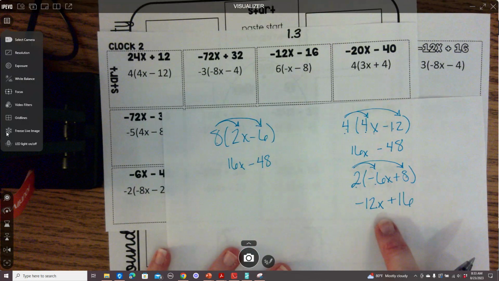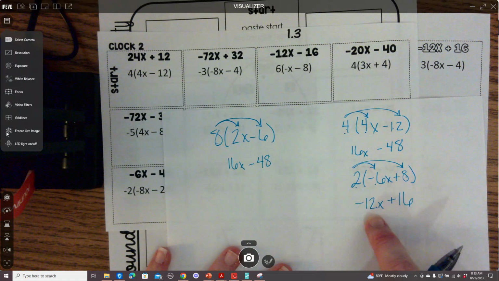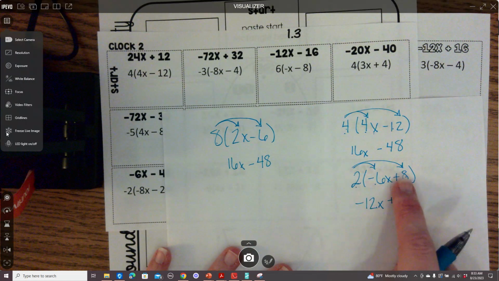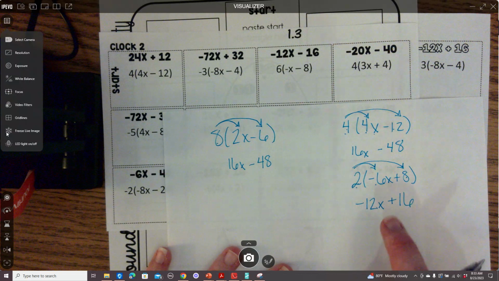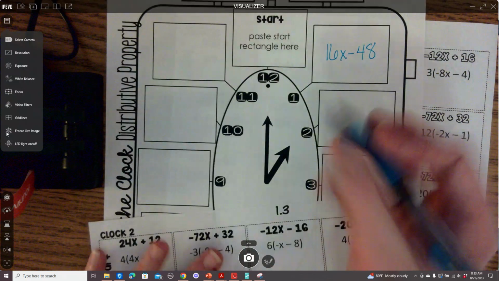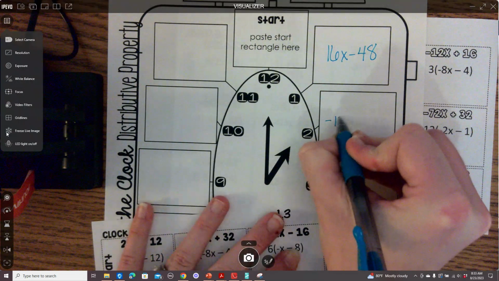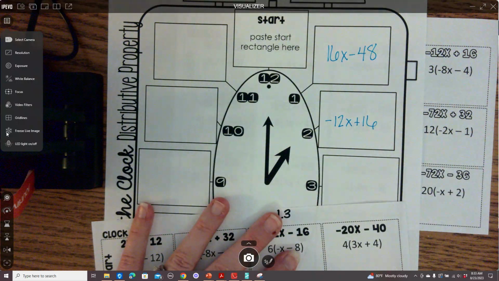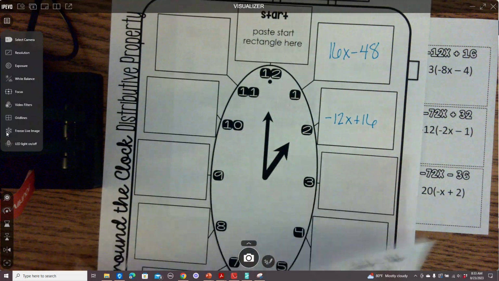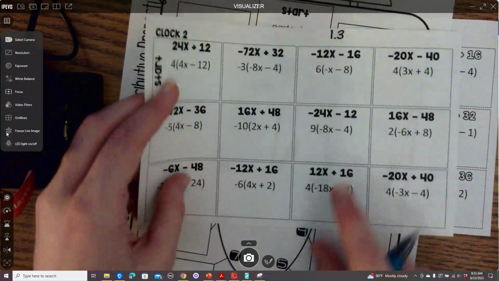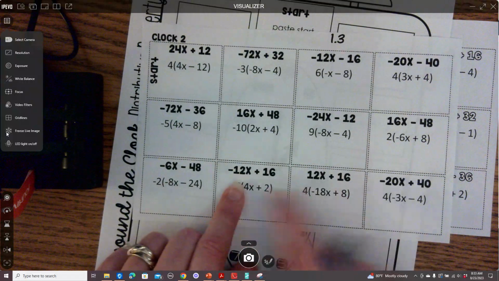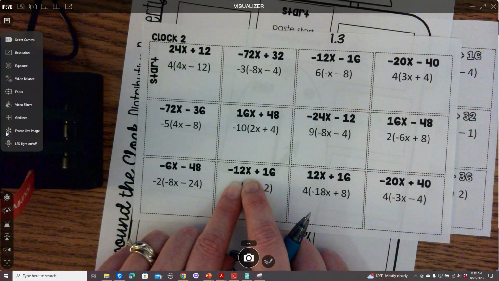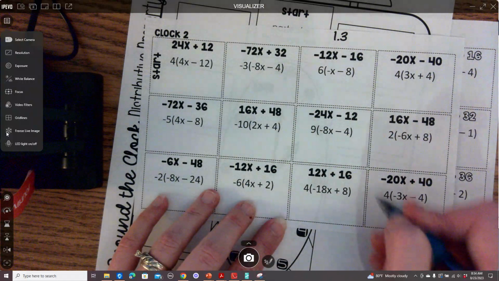Sorry, you can't see what I'm doing. 2 times negative 6x is negative 12x. 2 times 8 is 16. So that's the answer that goes in the next box. And I would keep going. So then I would find that answer, negative 12x plus 16. So pay attention. Once you use them, mark them off.